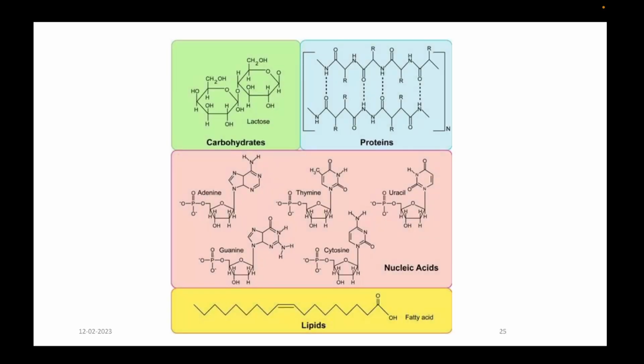So these are the basic structures. So nucleic acids have N group, proteins have N, but carbohydrates and lipids don't have the nitrogen group.